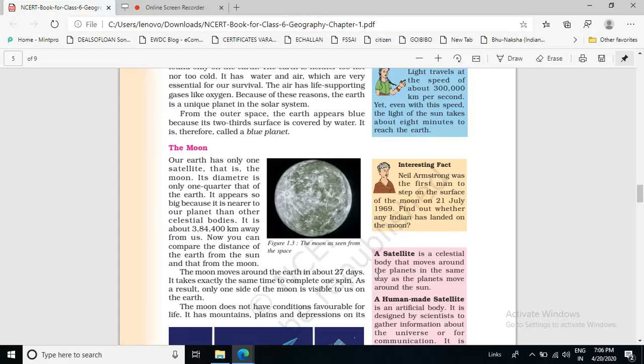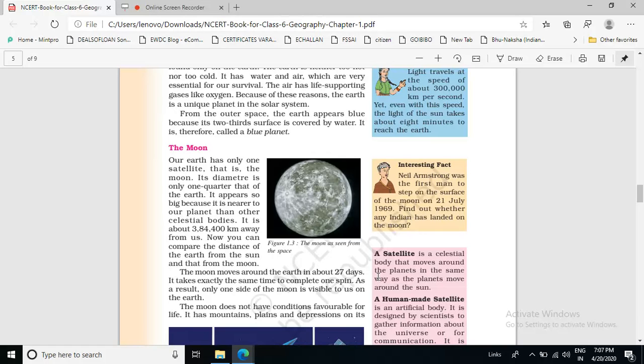Now, what is moon? Moon is the satellite of the earth. And what is a satellite? A satellite is a celestial body which moves around a planet. In the same way, we find that the planets move around the sun and the satellites move around the planet.